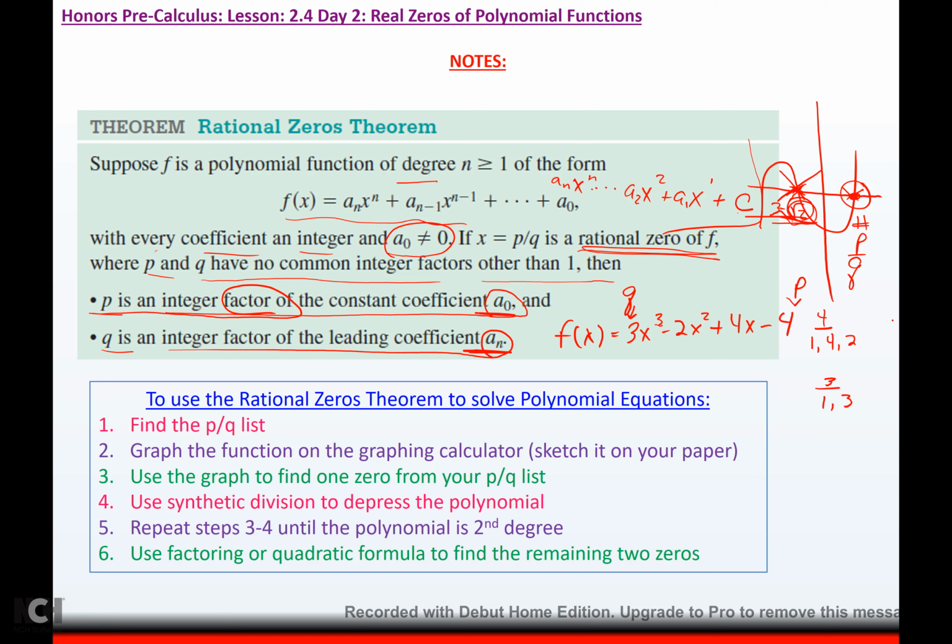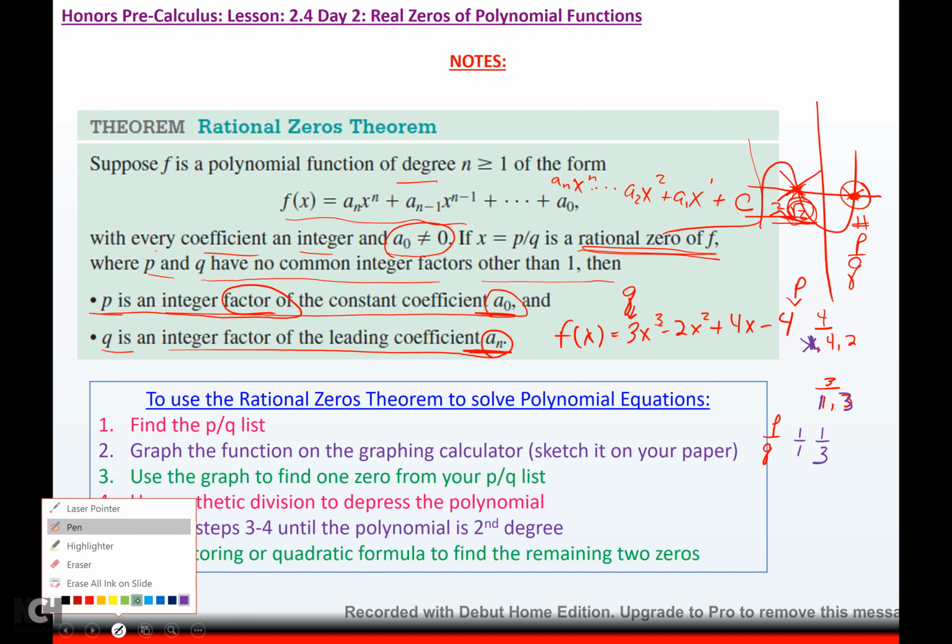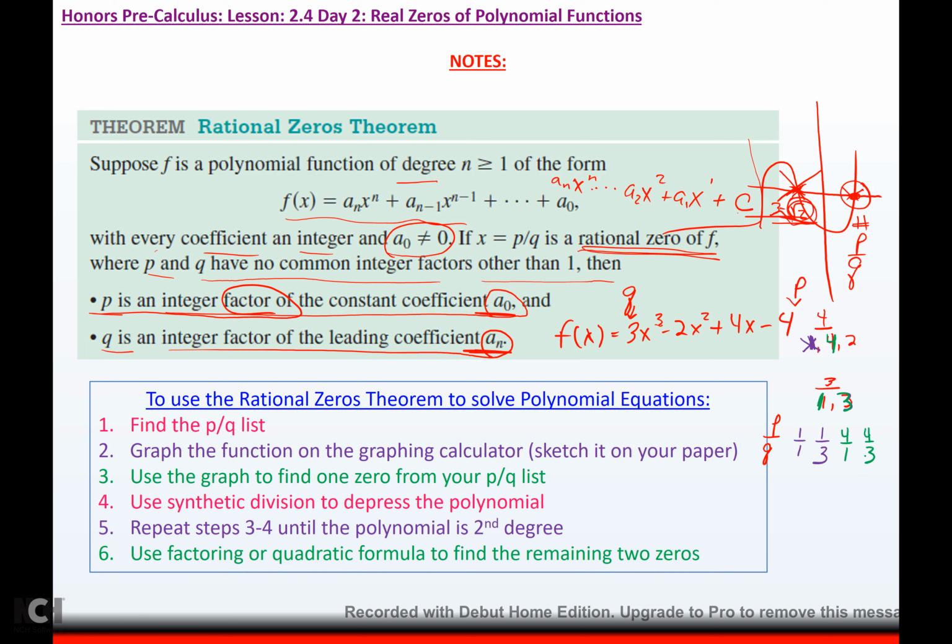And then you make your list of possible p over q's. Well, my first p is 1. And I'm going to pair that up with this 1 and this 3. So I could make 1 over 1 and 1 over 3. That one is done. Then I move to my next p, which is a 4. I could pair it up with the 1 and the 3, so I could write 4 over 1 or 4 over 3.